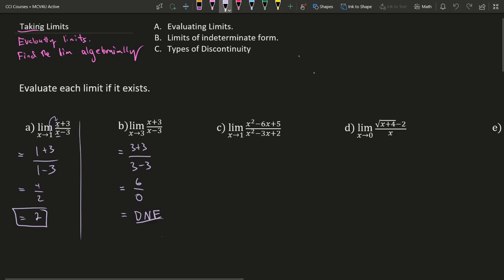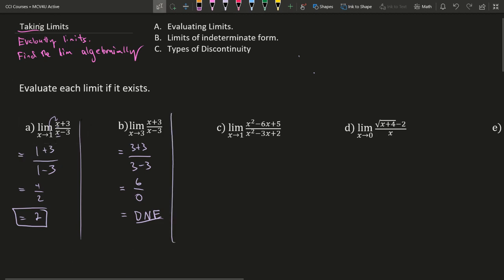So when you're trying to find a limit algebraically, and if you get a number over 0, you say, oh, well, this limit doesn't exist. And if you remember the definition of a limit from before, that either means the left-hand limit and the right-hand limit are not approaching the same number effectively, right? So that's kind of the idea.